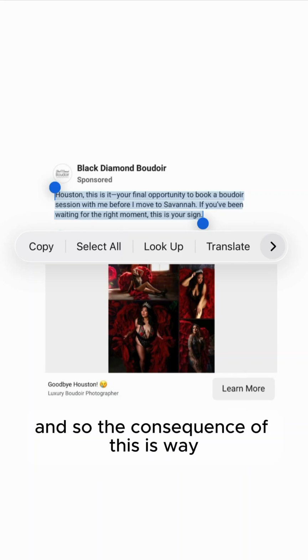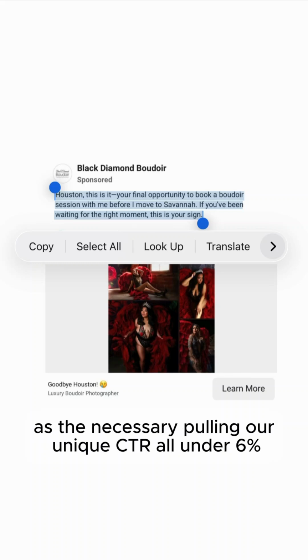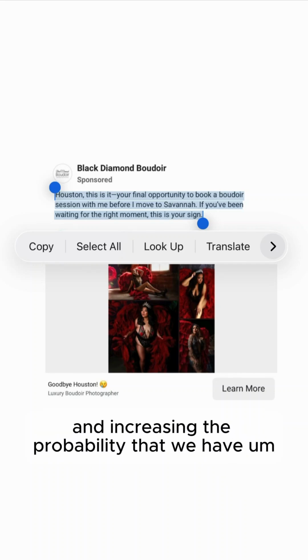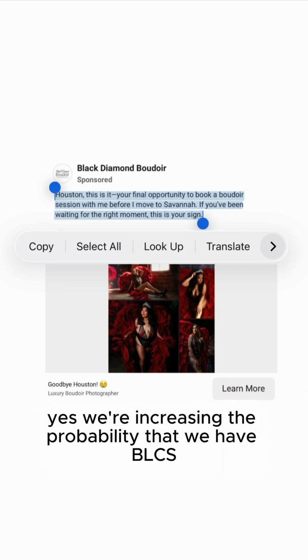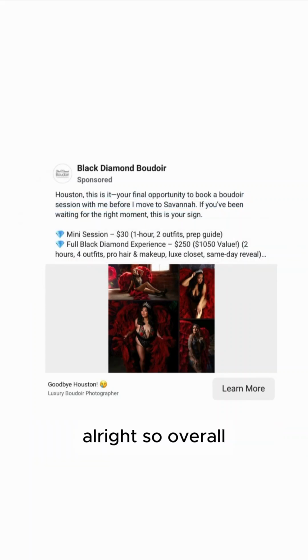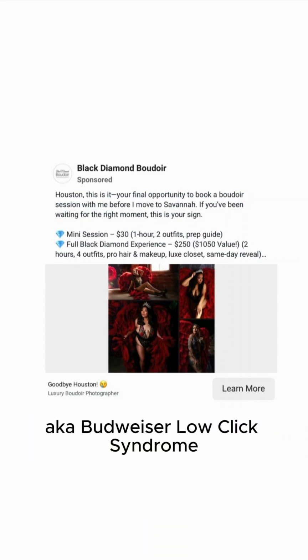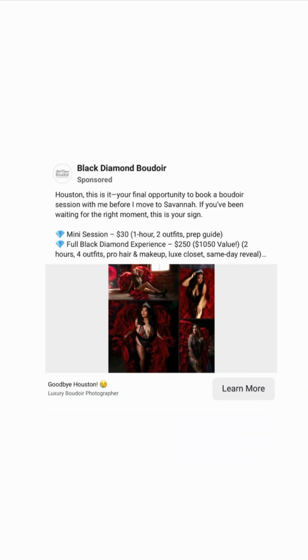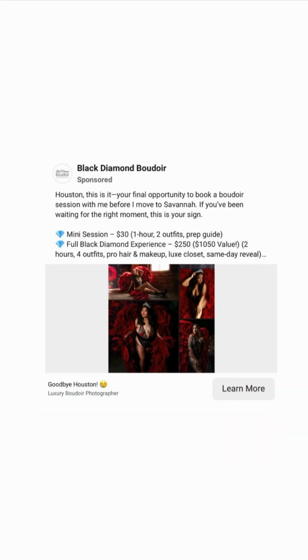The consequence of this is way more women scrolling by our ads than necessary, pulling our unique CTR under 6% and increasing the probability that we have BLCS, Boudoir low click syndrome. So overall, do I believe this Boudoir Facebook ad has BLCS and has unique CTR under 6%? Yes, I believe this is definitely a BLCS candidate.